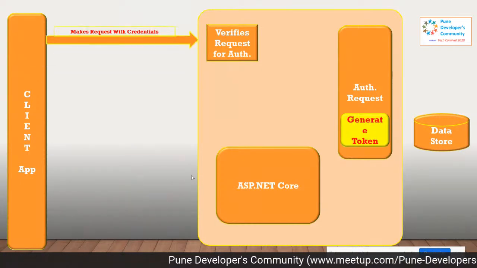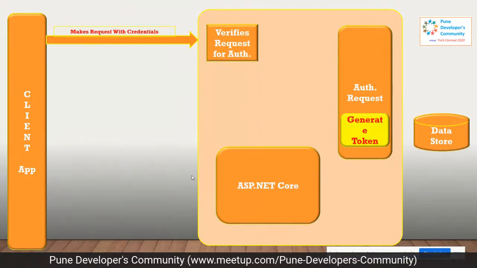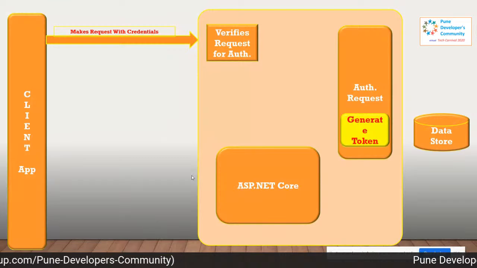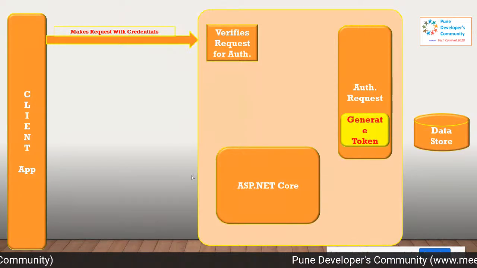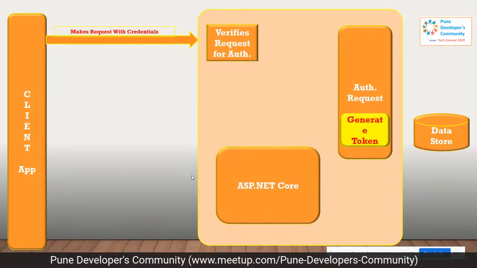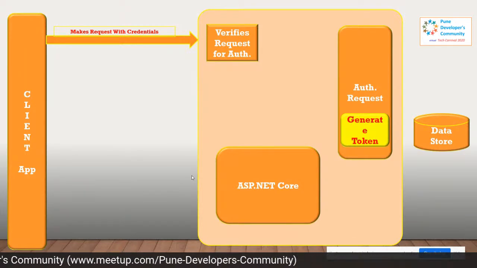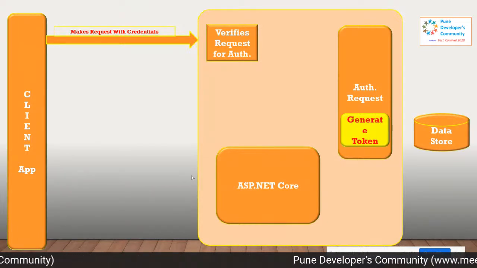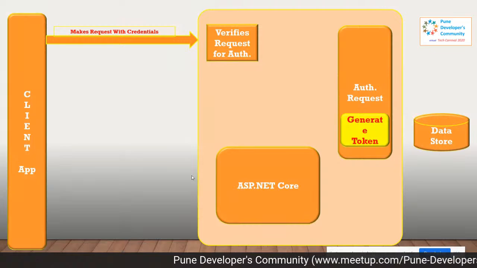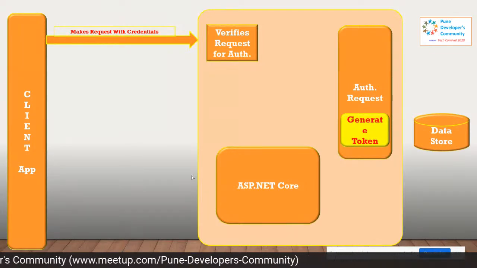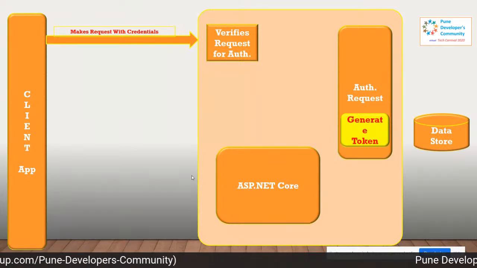The client is going to make a request with the credentials to the application, right? Now, if the credentials are not present, naturally the client has to register against the application. And then once the client registers, the client is further going to send those credentials, right?